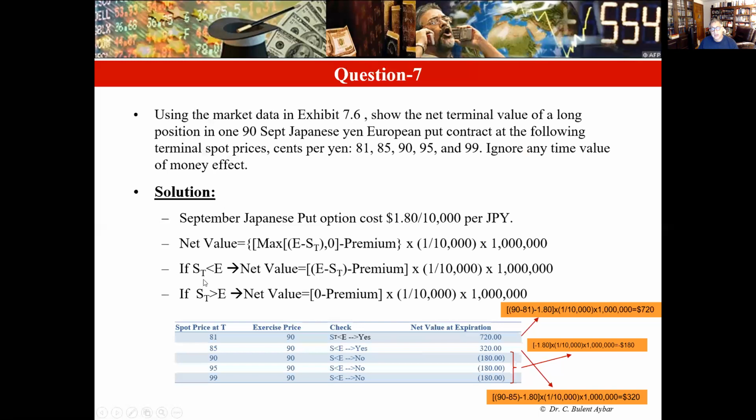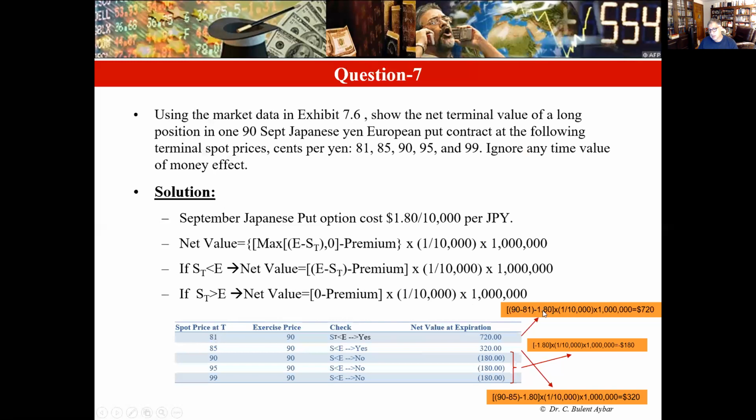So if the spot price is smaller than the exercise price, obviously the option has a larger value because this part is going to be non-zero, and we will subtract the premium from that and calculate the value accordingly. So for instance, in the case of 81, the E minus ST is going to be 90 minus 81.